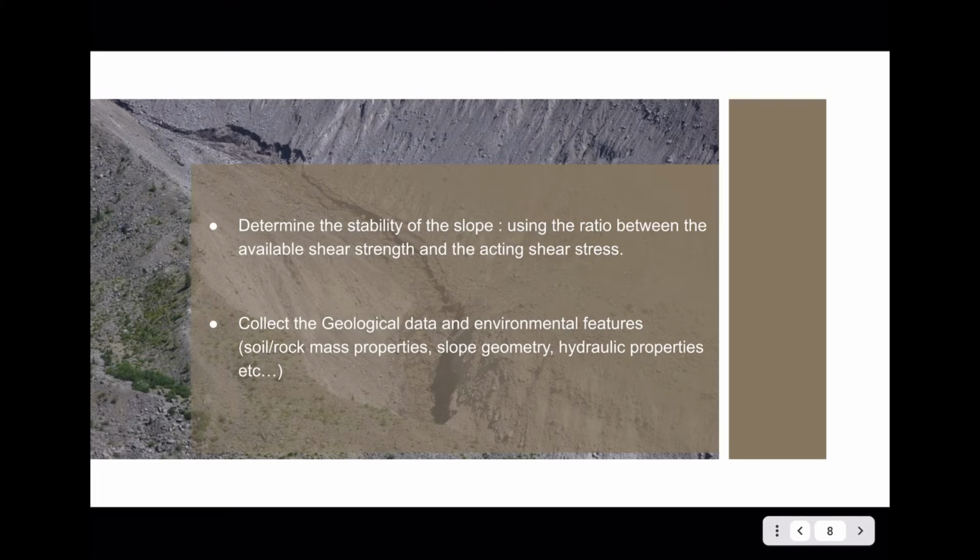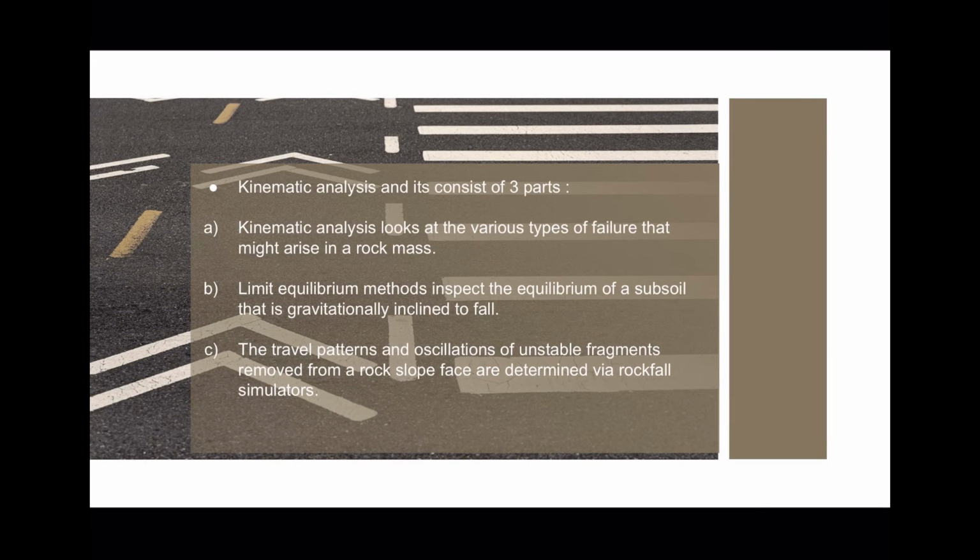Collect the geological data and environmental features: soil, rock mass properties, slope geometry, hydraulic properties, etc. Kinematic analysis consists of three parts. Kinematic analysis looks at the various types of failure that might arise in a rock mass.